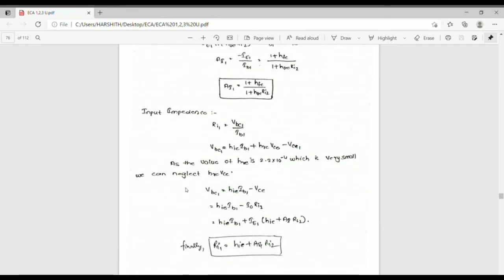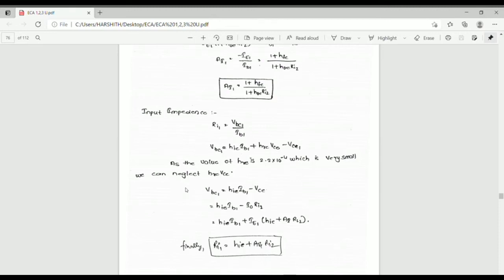And the next one, input impedance. In this circuit, impedance RI1 equals voltage by current, that is VBC1 by IB1. In this, VBC1 equals hie IB1 plus hre VCE minus VC1. The value of hre is 2.2 into 10 power minus 4, which is very small, so we can neglect hre VCE.